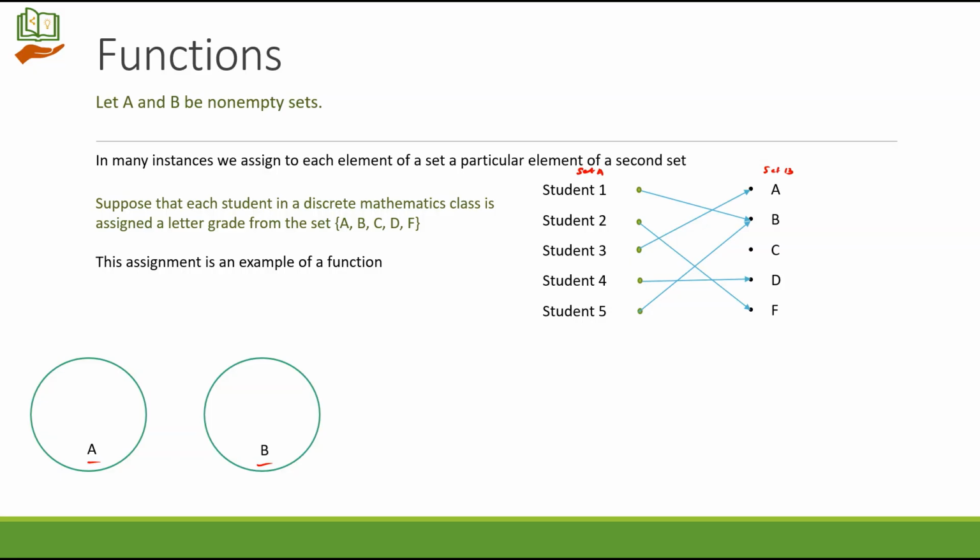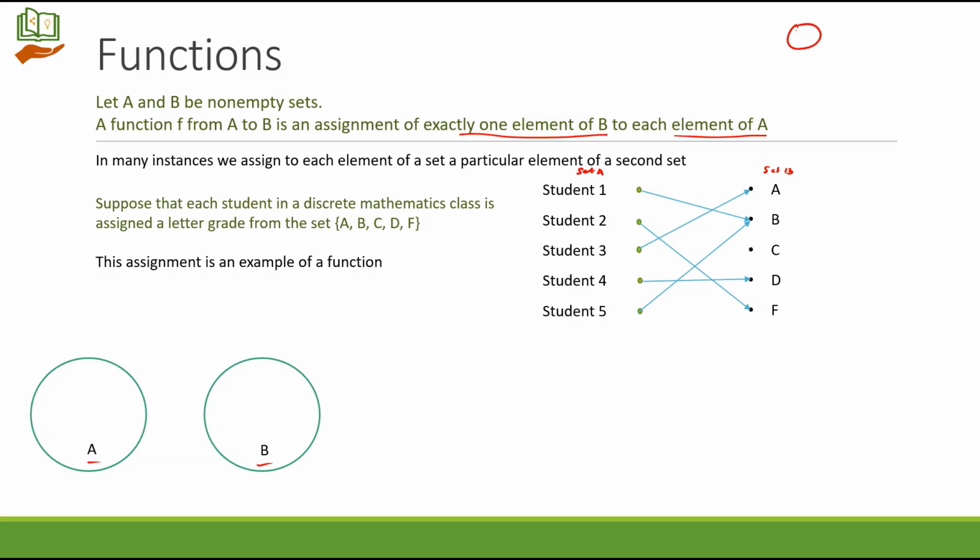This assignment is an example of a function. A function f from A to B is an assignment of exactly one element of B to each element of A. It means each element of set A should have only one value from B. For example, student 1 is assigned only grade B. Student 5 is assigned only grade B. A value in set B can be assigned to many elements of A, that is not an issue.